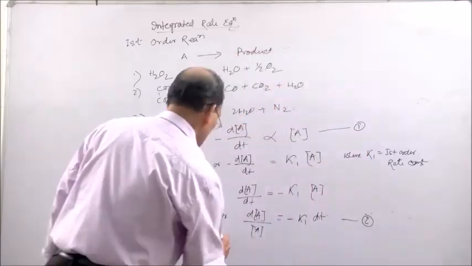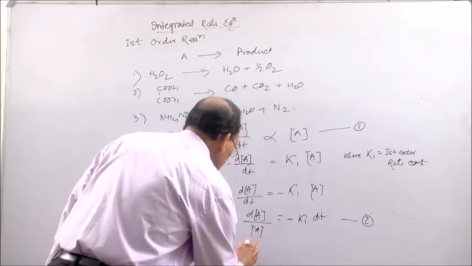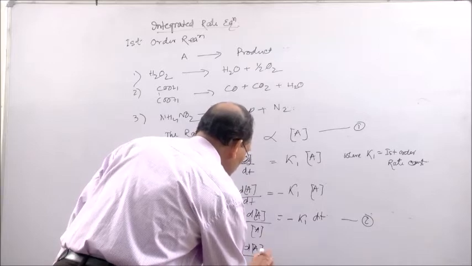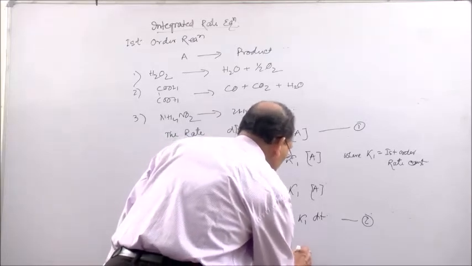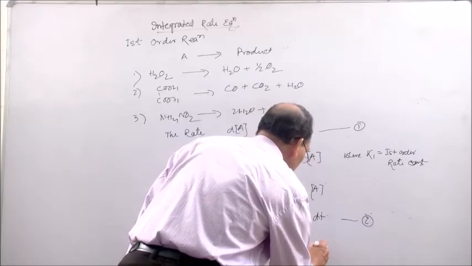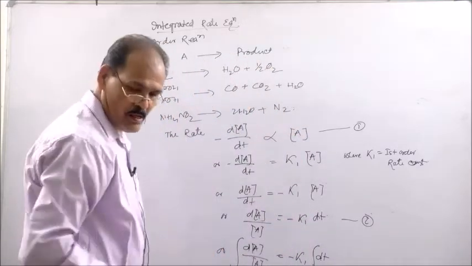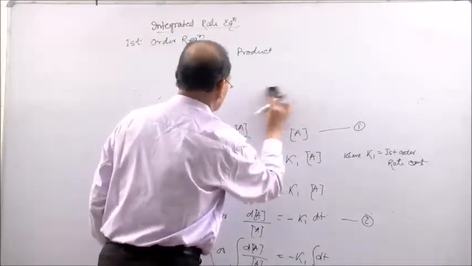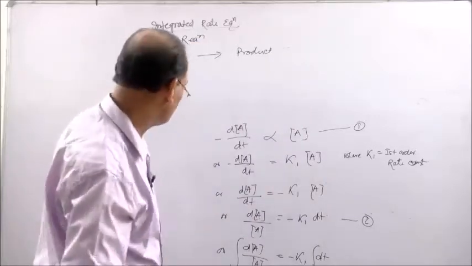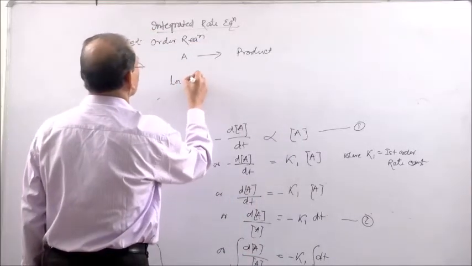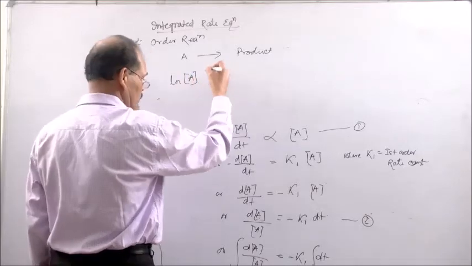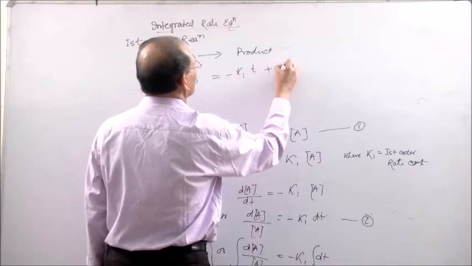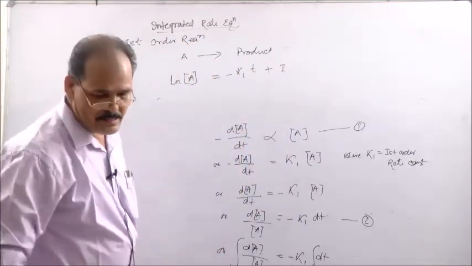So this value will be ln A equals minus K1 t plus an integral constant.